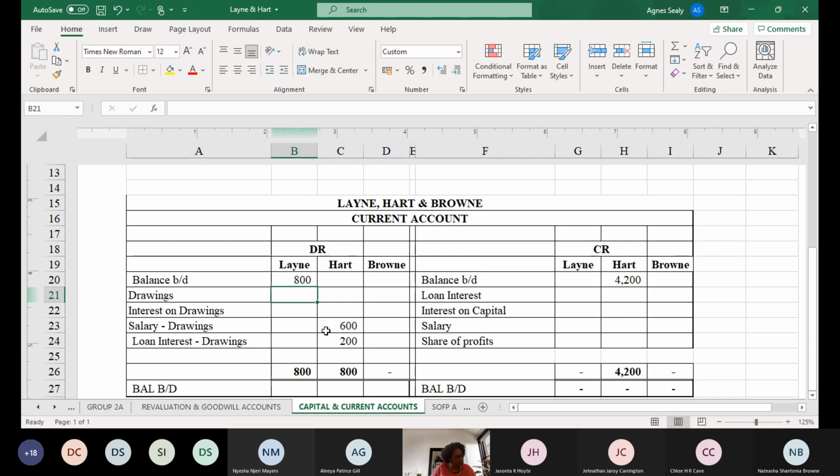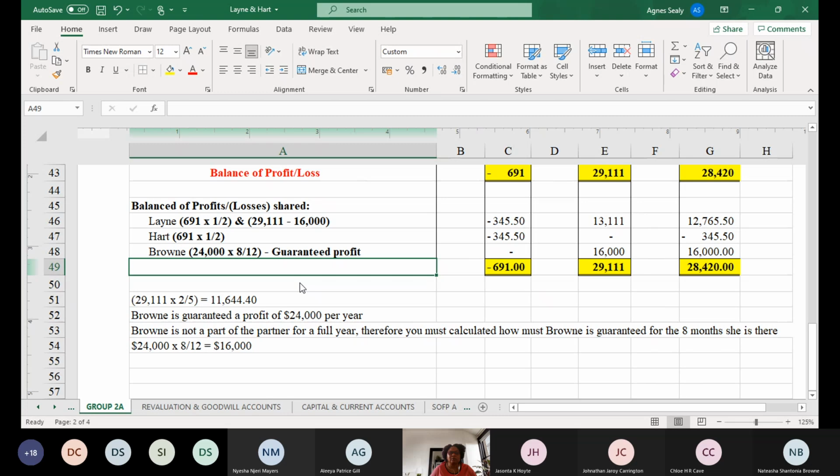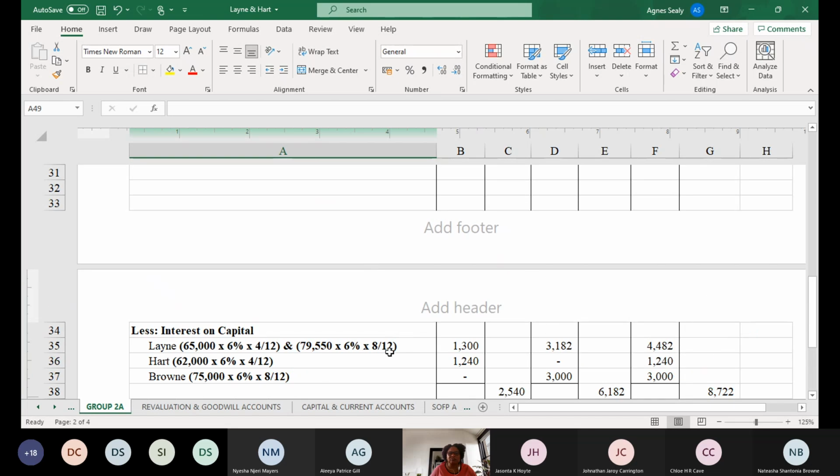The drawings for Layne was $2,400, Hart was $15,000, and Brown was $2,000. And we know interest on drawings was $24 for Layne and $5 for Hart, $0 for Brown. Right? So let's look at here the loan, the interest on the interest.